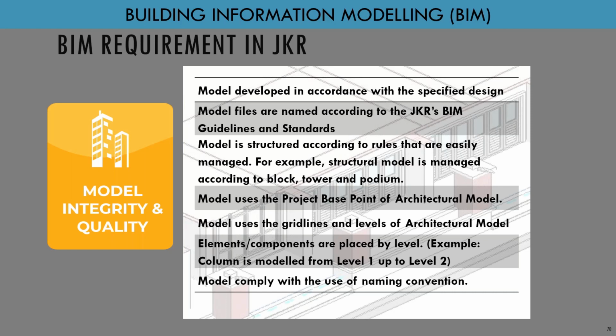And element components are placed by level. So we need to make sure that for a component, let's say the column, you have a column from level 1, level 2, you need to separate it. You cannot simply develop one column from base level up to fourth level. You need to separate it as per floor. That is how we model our building.